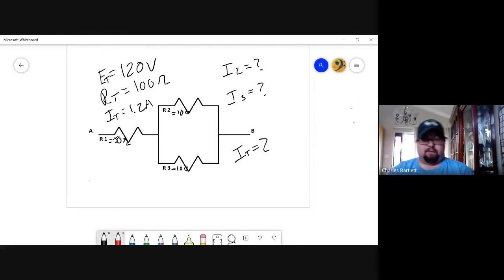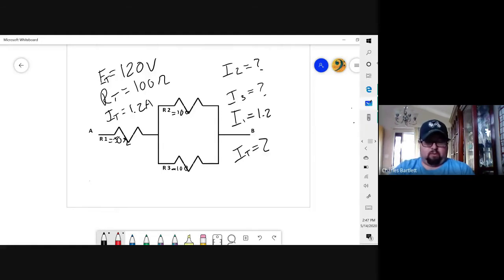Well, what's not so easy is to see these numbers and then figure out something like I2 and I3. We can figure out I1. I1 equals 1.2 amps.